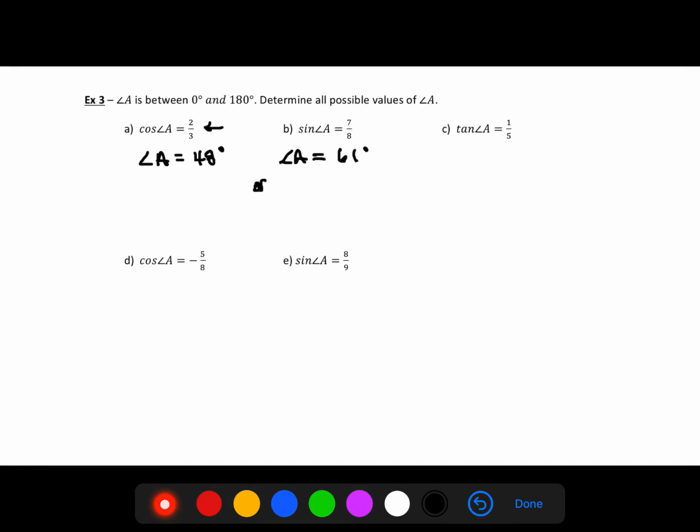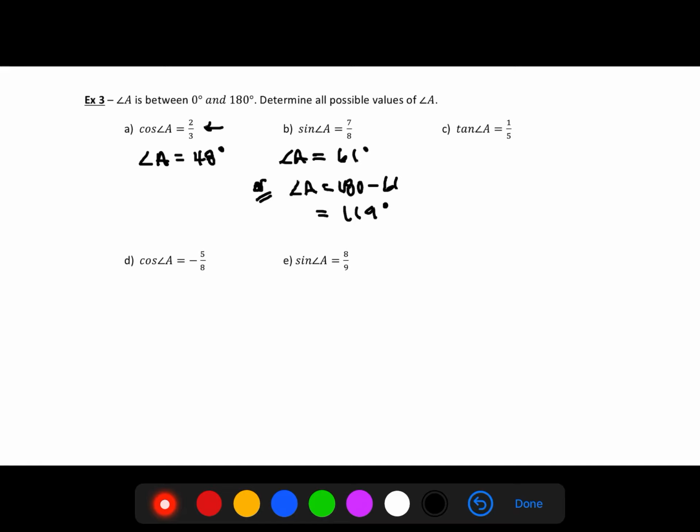Well, we also, though, have a second possibility with an obtuse angle that also has a ratio of 7 over 8. So angle A could also be equal to 180 minus 61. So we have two possible values for that, 61 or 119.